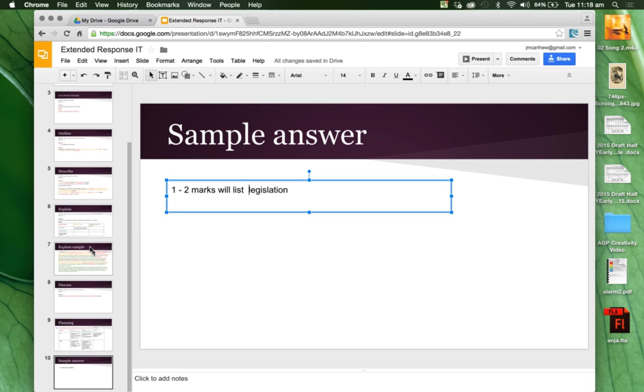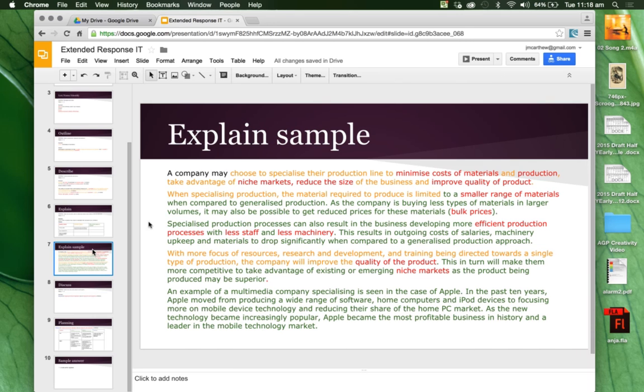And I'll jump back to the explain at this point. Because what I did up there, you'll see a company may choose to specialise production line to minimise costs of materials and production, take advantage of niche markets, reduce the size of the business and improve quality of product. That's like a little introduction, isn't it? But it's only really worth, out of the 9, it could stretch possibly to 3 marks, but I think it'd be still 1 to 2.